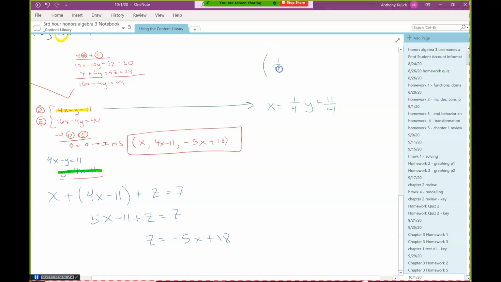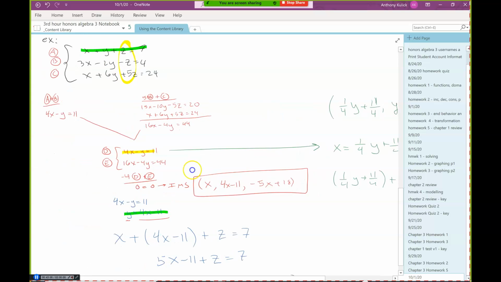So there, the y is our parameter. We have a way to find x, and then to find z, we're going to do the same thing. We'd plug our value for x into one of the equations. I would choose equation 1 again, just because it's oh so simple.